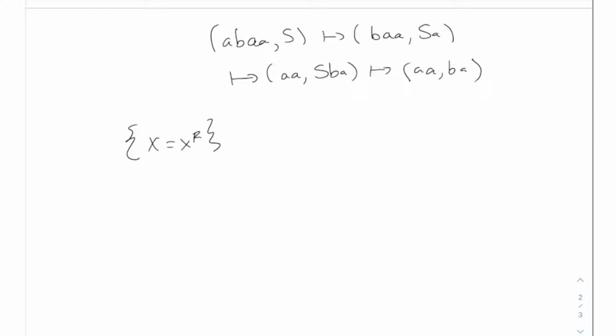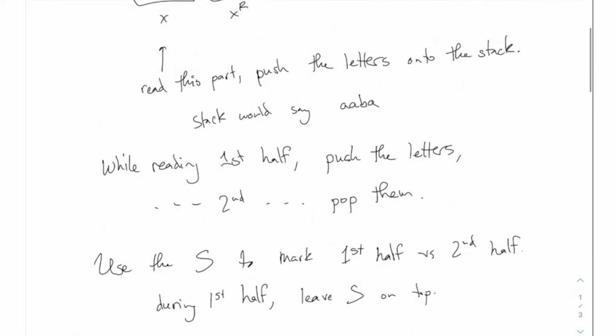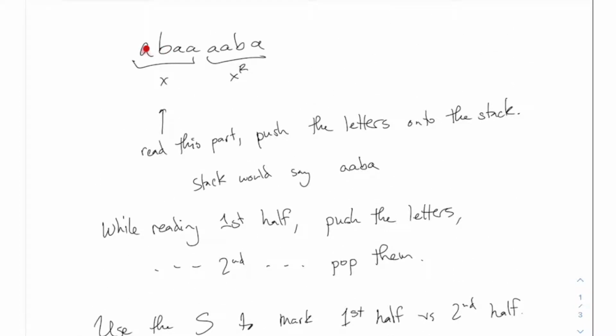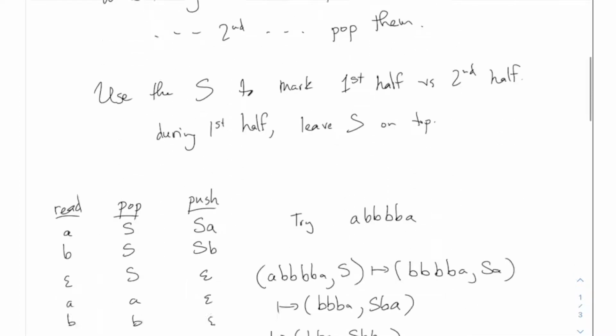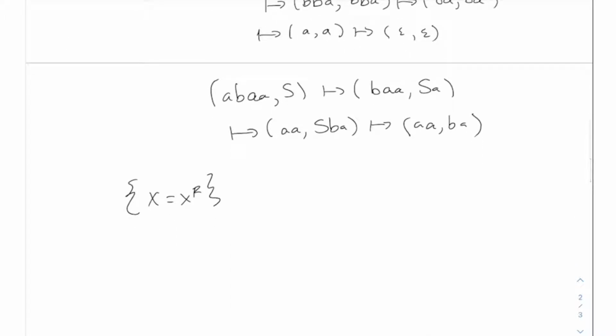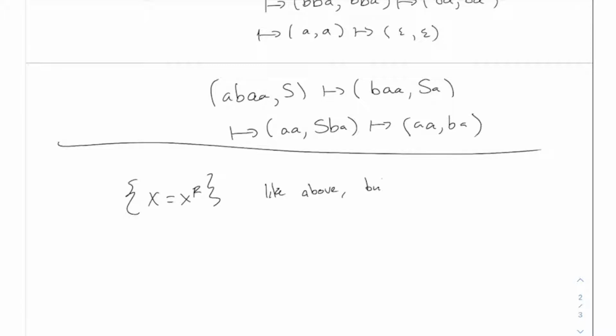That's the only difference between this and the previous one. The previous one would be palindromes which are even length. That's what this X followed by its reverse. But any old string which equals its own reverse, this is like above, but allows one extra letter in the middle.